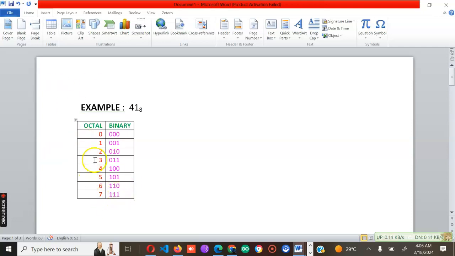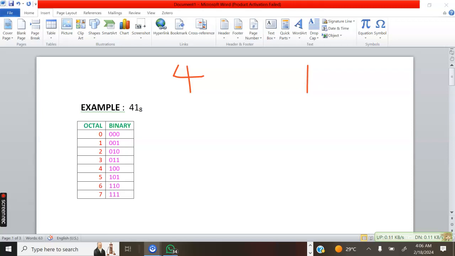Remember, we had said that for the octal we have digits from 0 to 7, while for the binary, we have only 2, that is 0 and 1, base 2. So for this one, remember the steps, the procedure. You write down the number, and my number is 4 1.